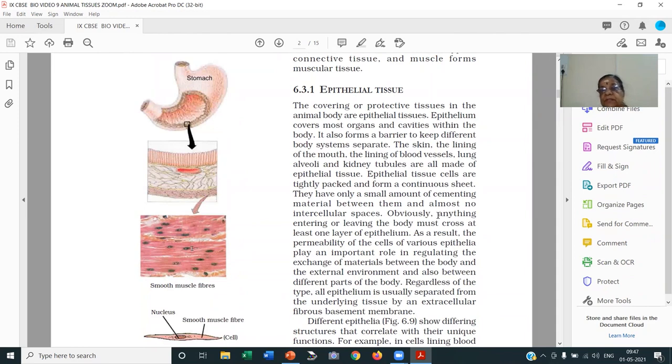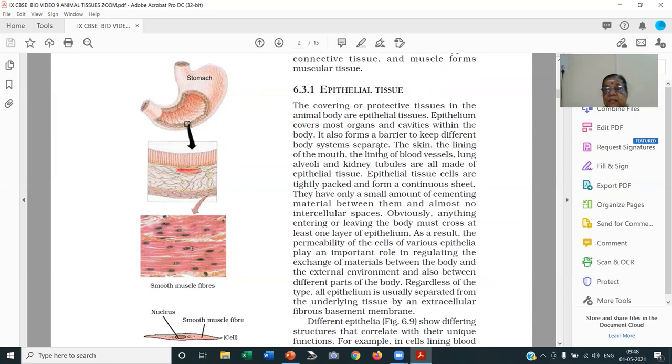The covering or protective tissues in the animal body are epithelial tissues. Underline this: the covering or protective tissues in the animal body are epithelial tissues. Epithelium covers most organs and cavities within the body. It also forms a barrier to keep different body systems separate.